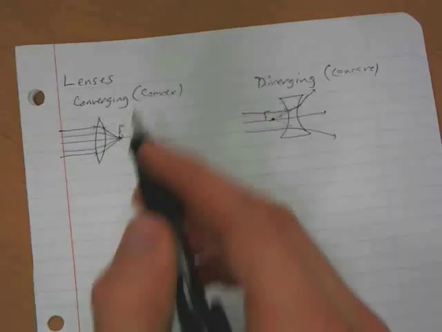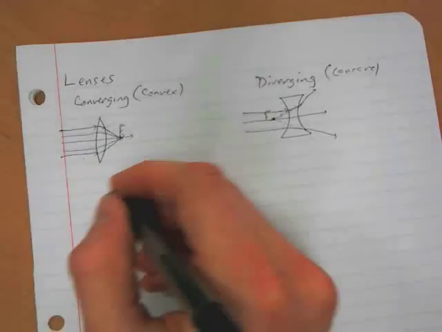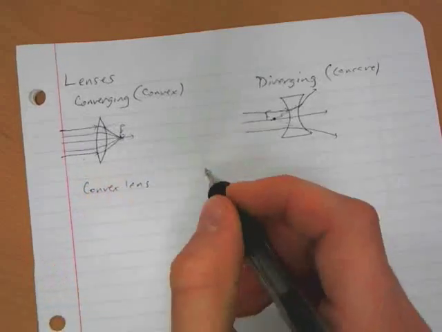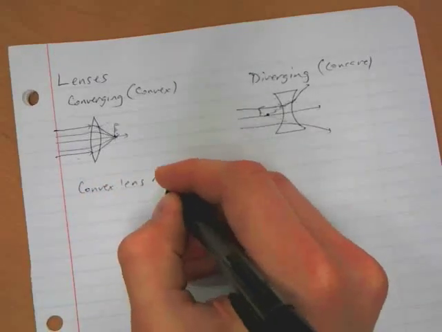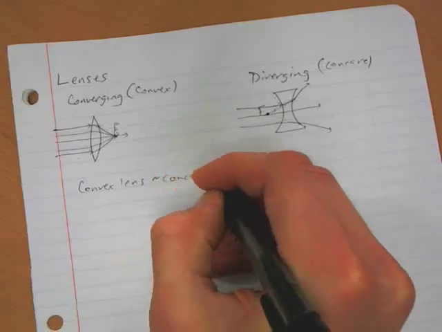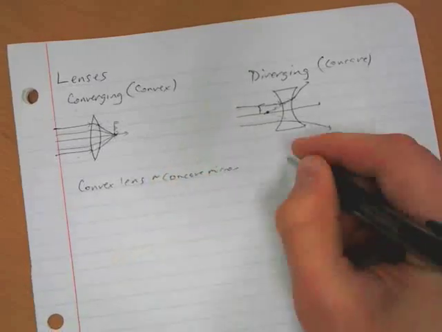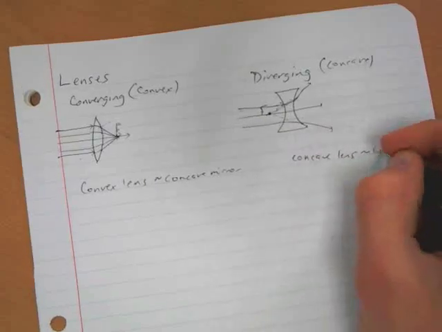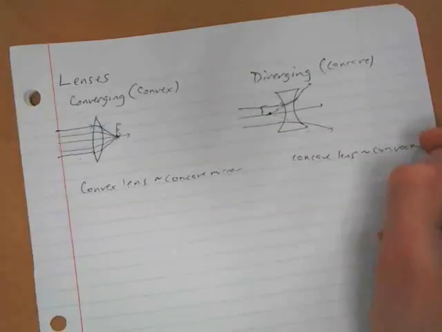Now, in a lot of ways, a convex lens acts sort of like a concave mirror, and a concave lens acts kind of like a convex mirror.